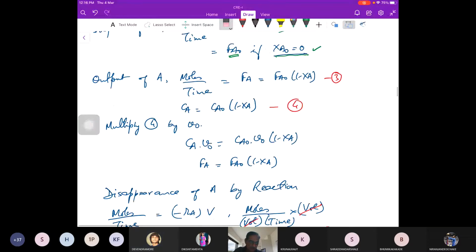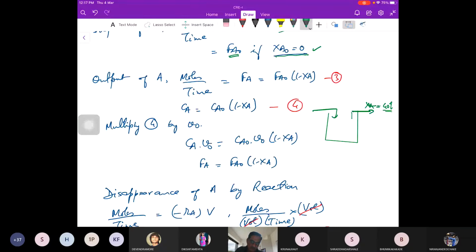So many times what happens, if you take a reactor, and the conversion is, suppose, not 90%, it is say 40%.